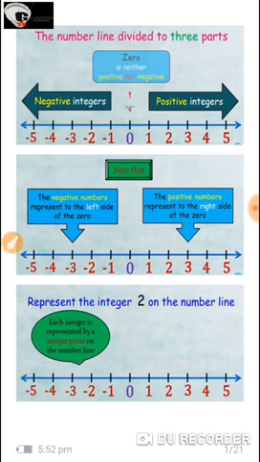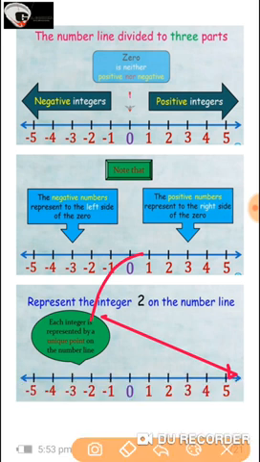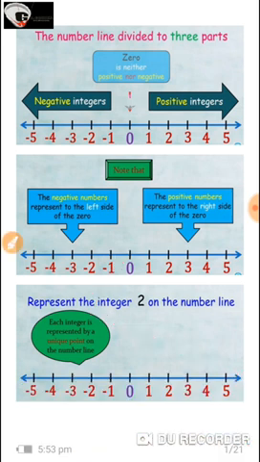Now, how are we going to represent numbers or integers on a number line? First of all, we are going to draw a number line. Then we have to take one thing into consideration, that each integer is represented by a unique point on the number line.